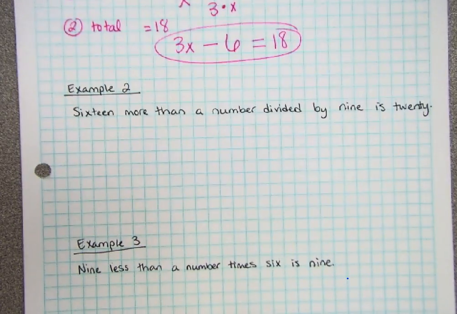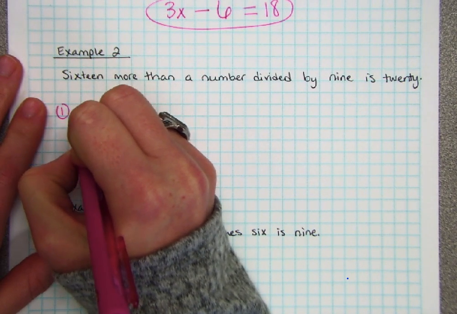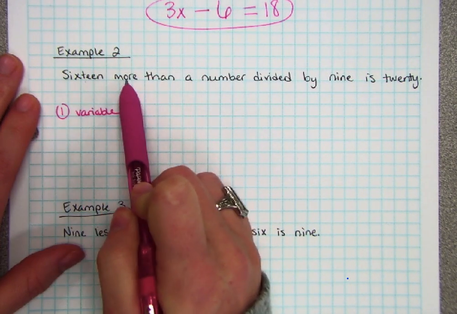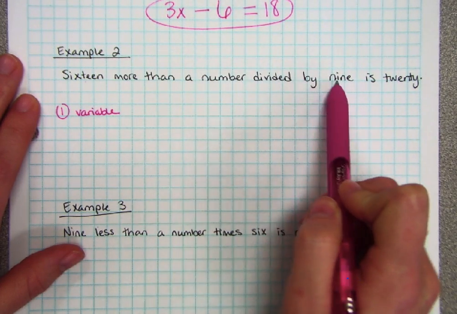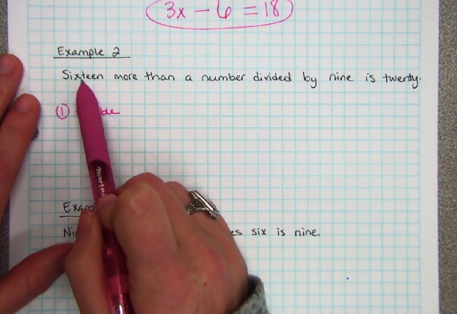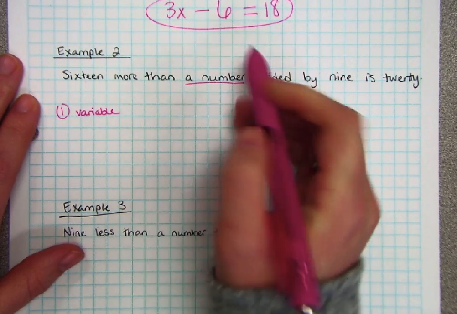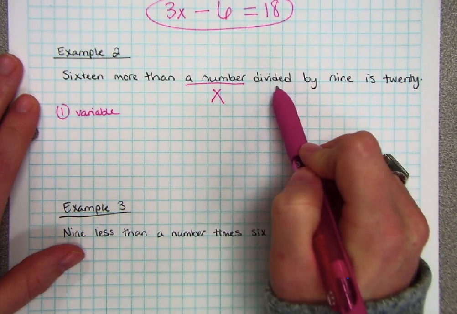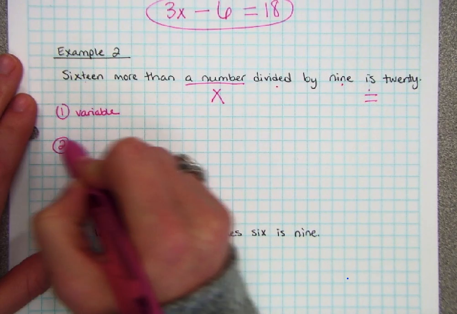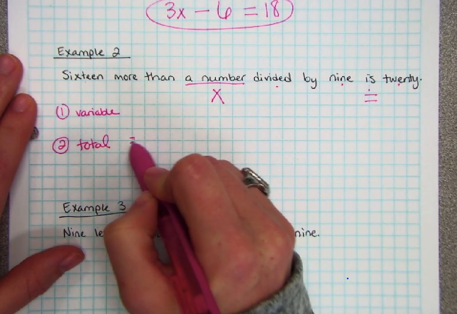So, next example. First thing, make our variable or find our variable. Let's read it. 16 more than a number divided by 9 is 20. Okay, what do I not know? I know 16 more than a number, that's x, divided by 9 is, that's our second thing, our total, what's our total? 20.